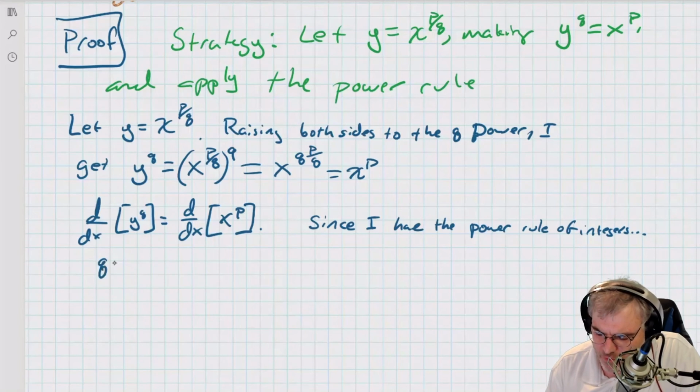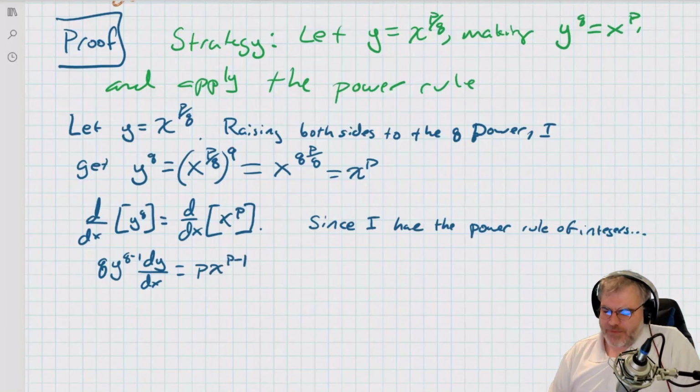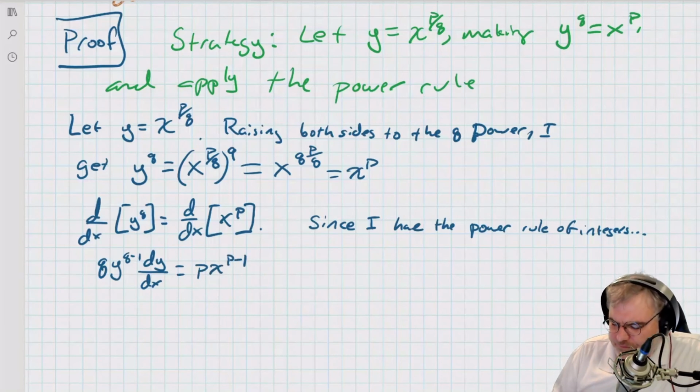I get q y to the q minus 1 dy over dx equals p x to the p minus 1, because I did the chain rule there. That's where the dy over dx came from.